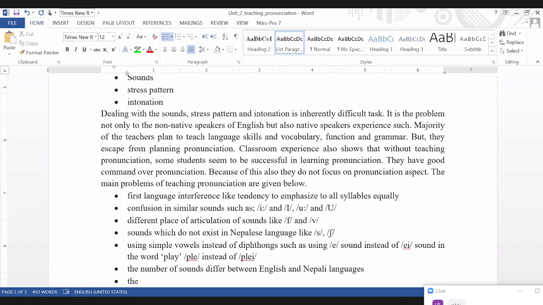English has 44 sounds, whereas Nepali has 45-46 sounds, right? English also has 13 diphthongs. So this kind of difference will be there, and we have to look at that difference. This is especially covered in the language and linguistics unit, where you get a clear idea.